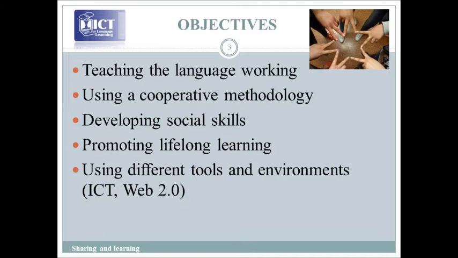Lifelong learning is another aspect that is taken into account in this proposal, since it implies personal development and social inclusion. In order to promote interculturalism, students and teachers will work with different tools in a motivating, interacting learning environment, the Web 2.0.